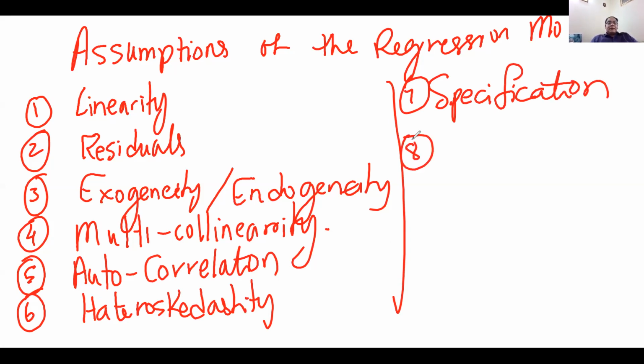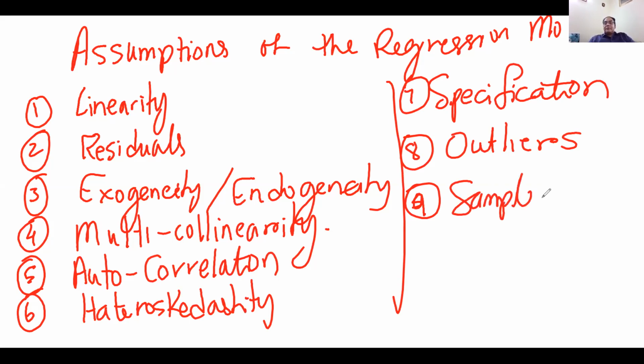And eighth, outliers, maybe. Ninth is sample size, and the tenth is what is remaining: multicollinearity, autocorrelation, exogeneity, residuals.